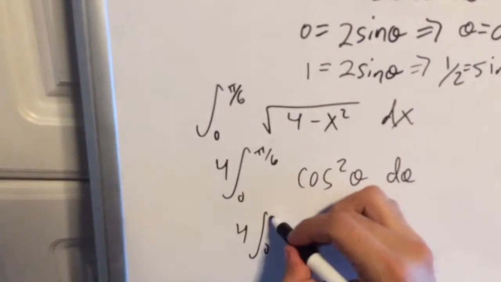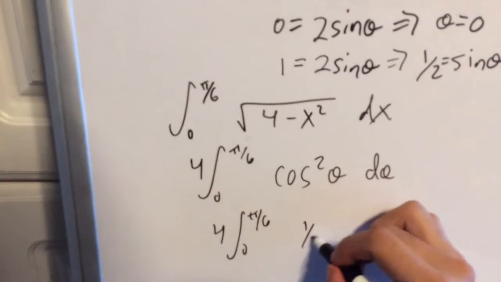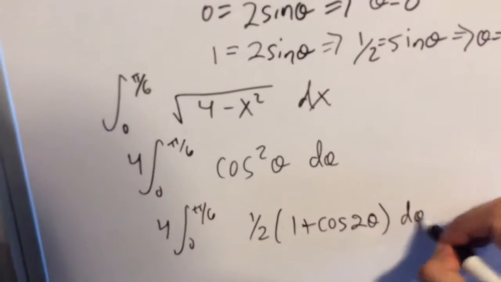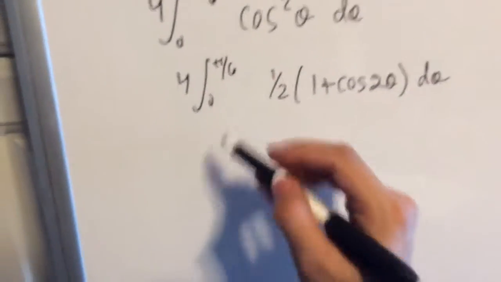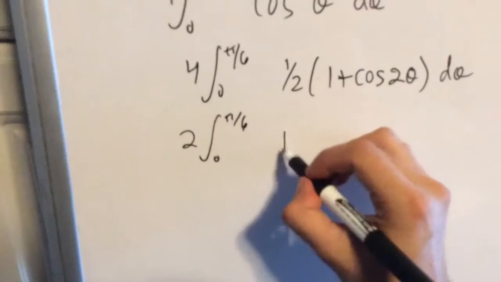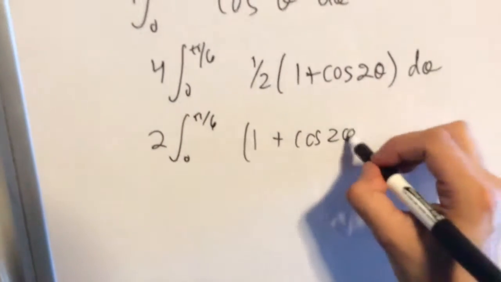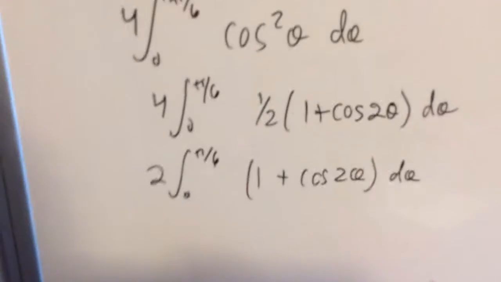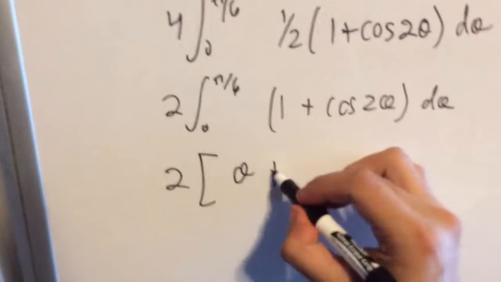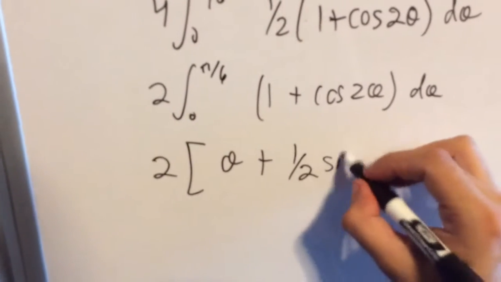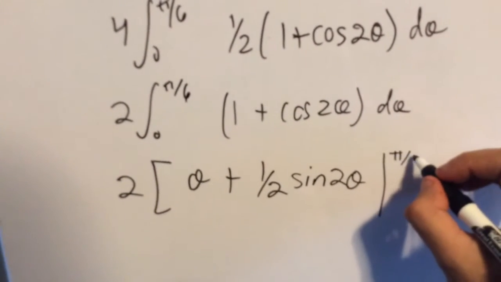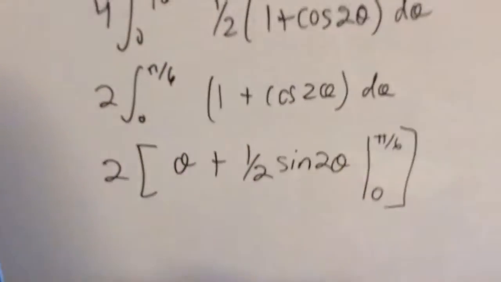We're going to use the half angle identity once again. Same thing. So just pull out that 1/2. That gives us 2 times the integral from 0 to pi over 6 of 1 plus cosine 2 theta d theta. Now we can integrate: theta plus 1/2 sine 2 theta, from 0 to pi over 6.